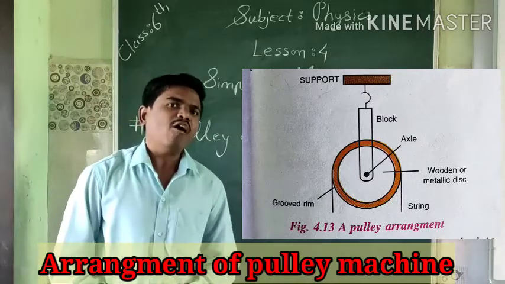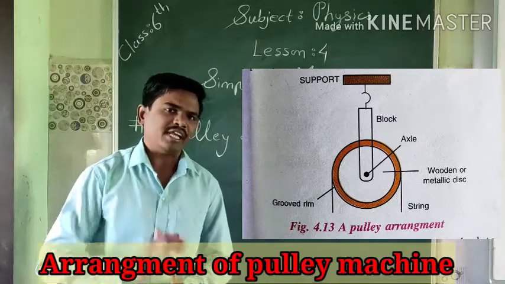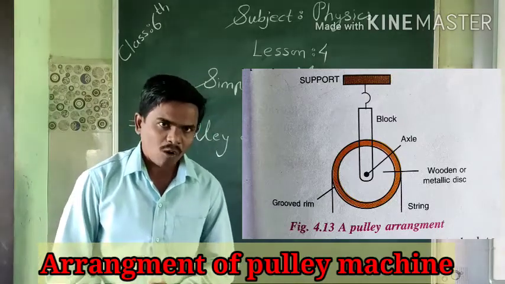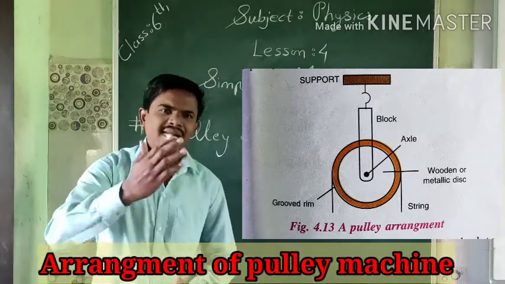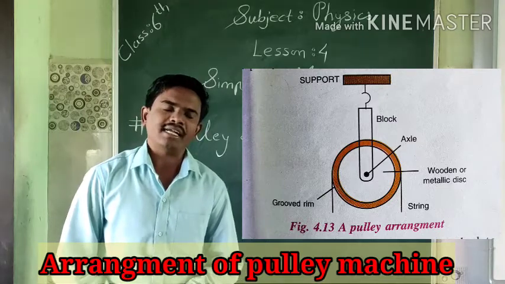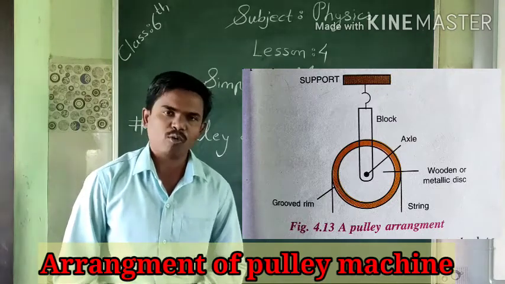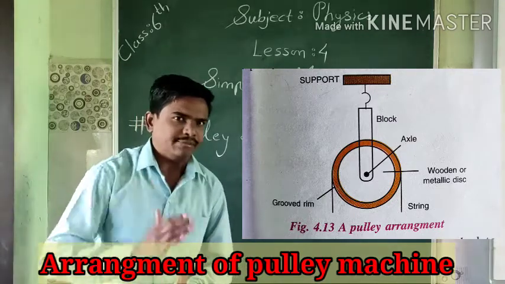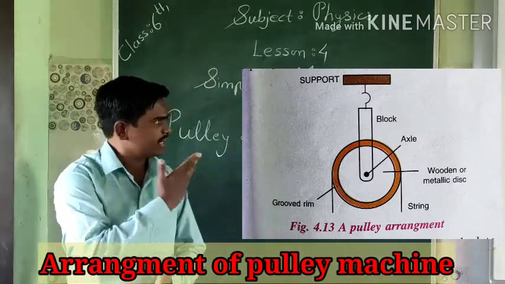The axle of the pulley is supported from a block, and the block of the pulley is attached to a fixed support. The arrangement of the pulley you can see in the figure.